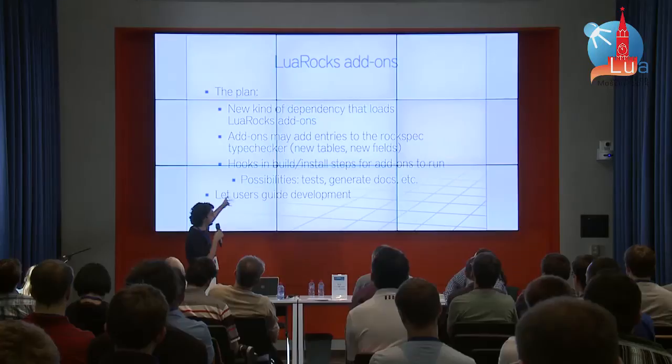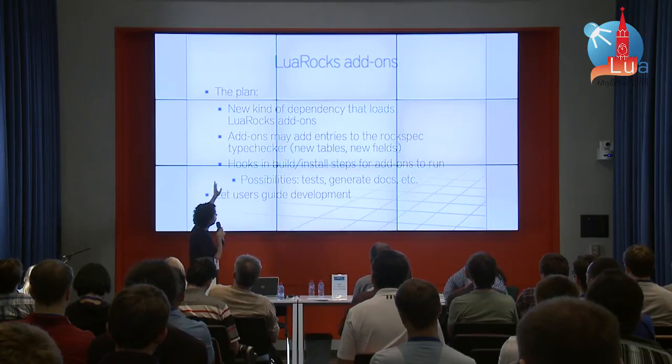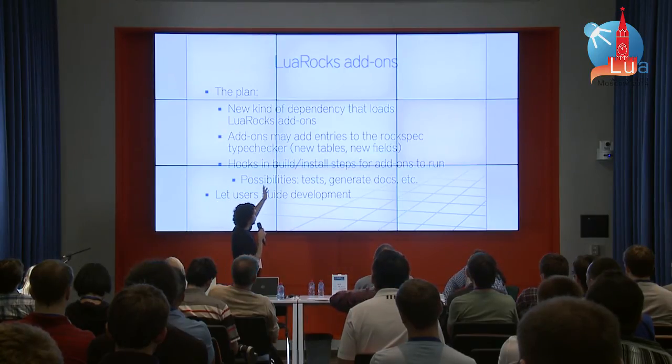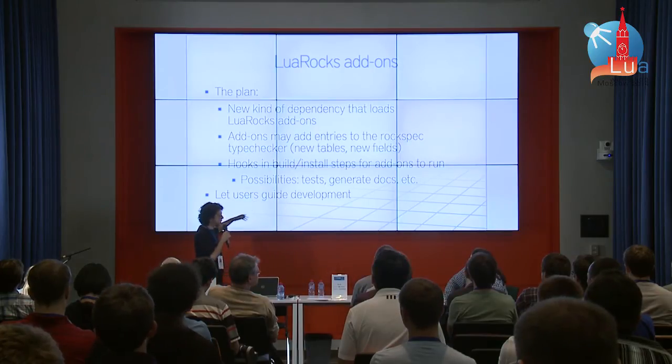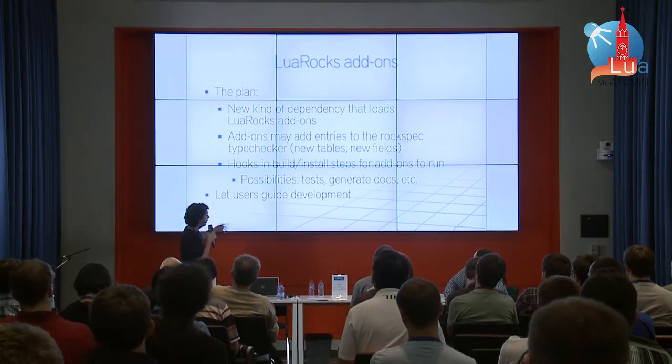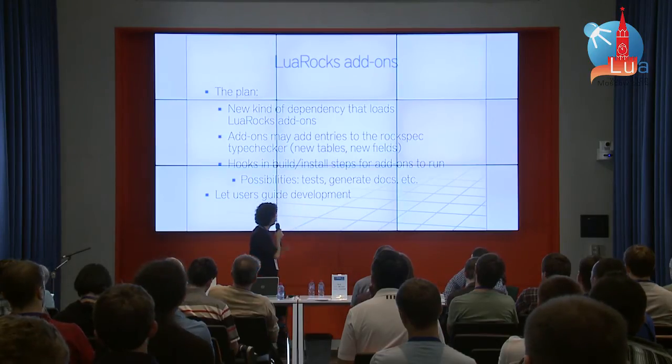So we need a standardized way for add-ons to add new tables or new fields. And we need hooks in the build steps, the install steps, or even the remove steps, so that those add-ons can run and add functionality, for example adding test support or generating documentation.